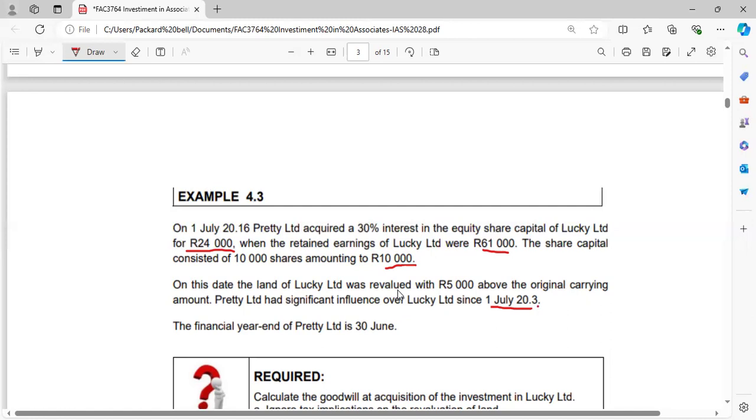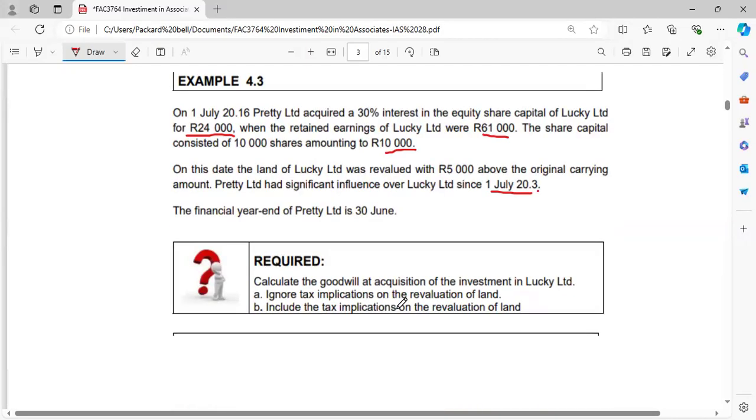So if they have significant influence, what does the question require us to do? They say, calculate the goodwill at acquisition of the investment in LAC Limited. Let's not ignore the tax implication. Let's do this one, including the tax implication on the revaluation of land. When you are doing your investment in associate, you can choose to do the analysis or not. There are 2 ways you can do your calculation.